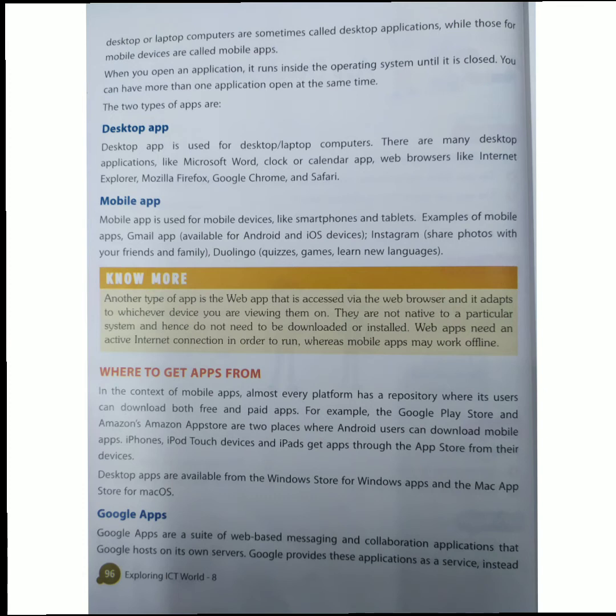Anyways, what we were discussing is that if you want to get any application on your Android mobile, then you have to get that application from Google Play Store or Amazon's App Store.